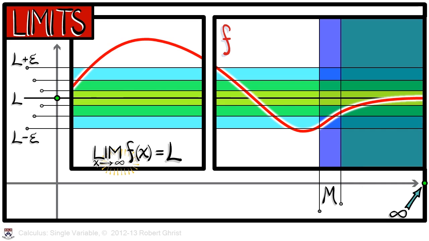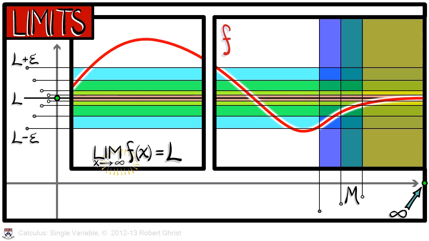If you make your tolerances on the output tighter and tighter, then we can make the tolerances on the input tighter and tighter. In this case, instead of talking about being within delta of infinity, since we're only looking at a one-sided limit, we can speak in terms of an explicit lower bound on x. The same intuition and picture holds.